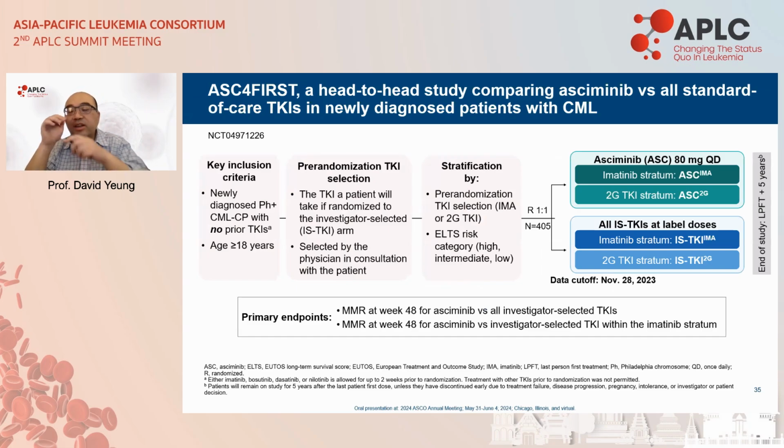This was a randomized study where the investigator was asked to predetermine whether the patient would enter the study using a second-generation TKI as the standard of care or imatinib as the standard of care, and based on that, they were randomized to asciminib in their different strata.